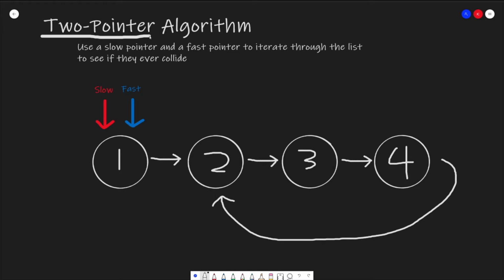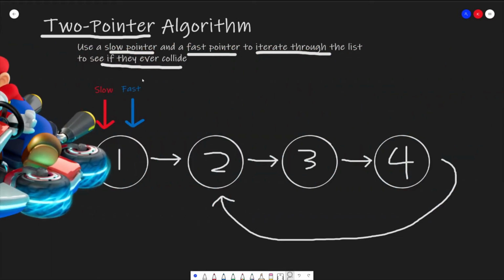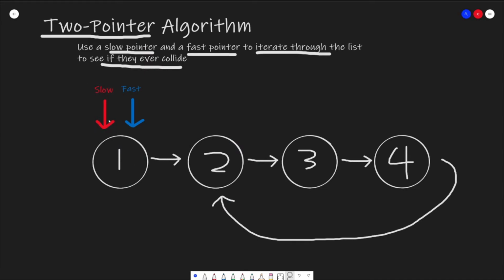Now, the idea with the two-pointer algorithm is that you have a slow pointer and a fast pointer, and it would iterate through the list until they either collide or become null, meaning that there is no cycle. An idea is that you're playing a racing game like Mario Kart. You have a super slow driver, and you have your fast driver.